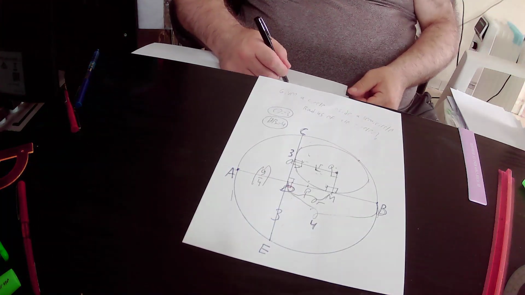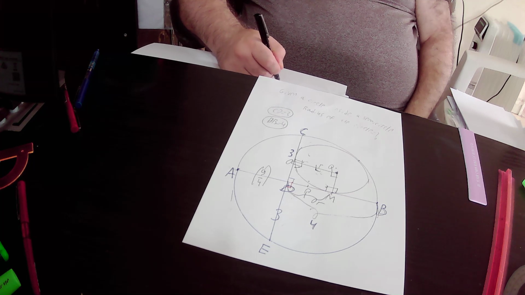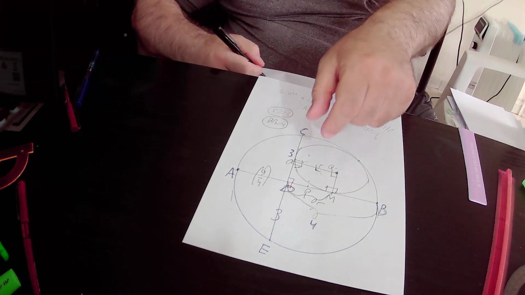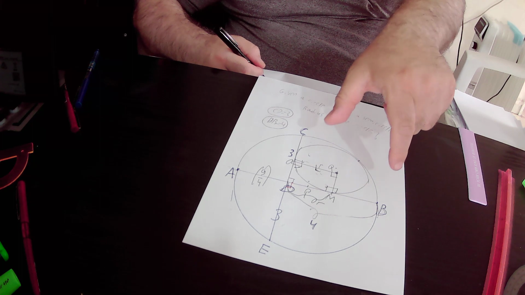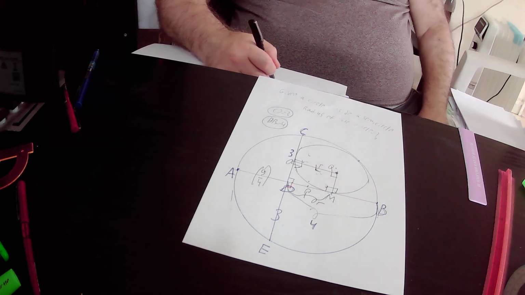In the drawing, it is very easy to see that this line segment DP equals DB minus PB.